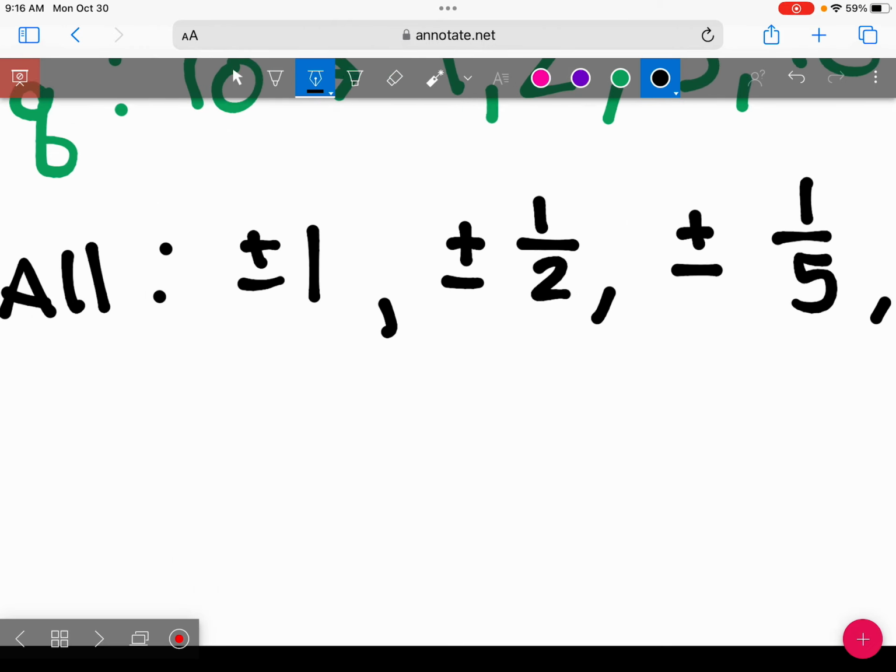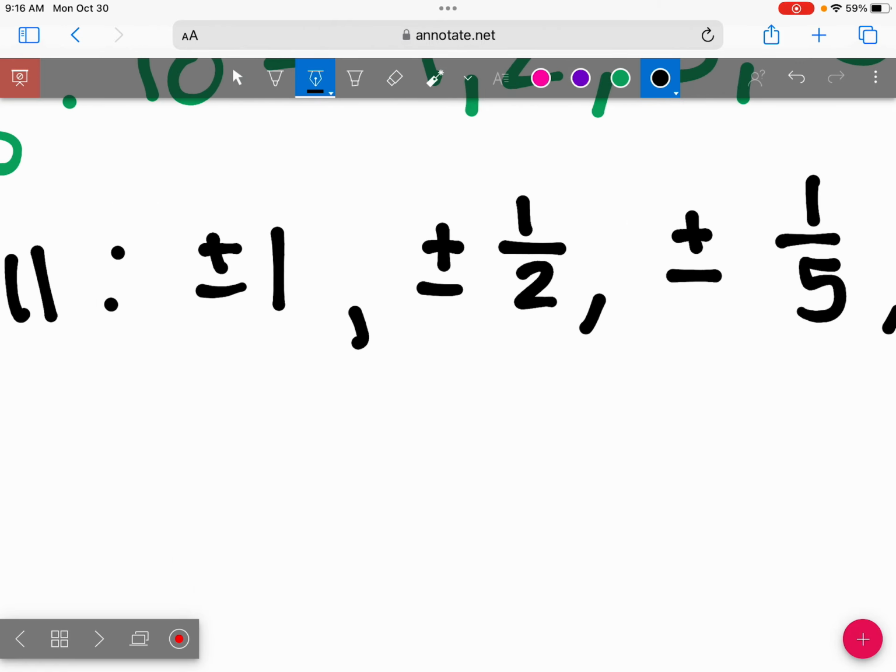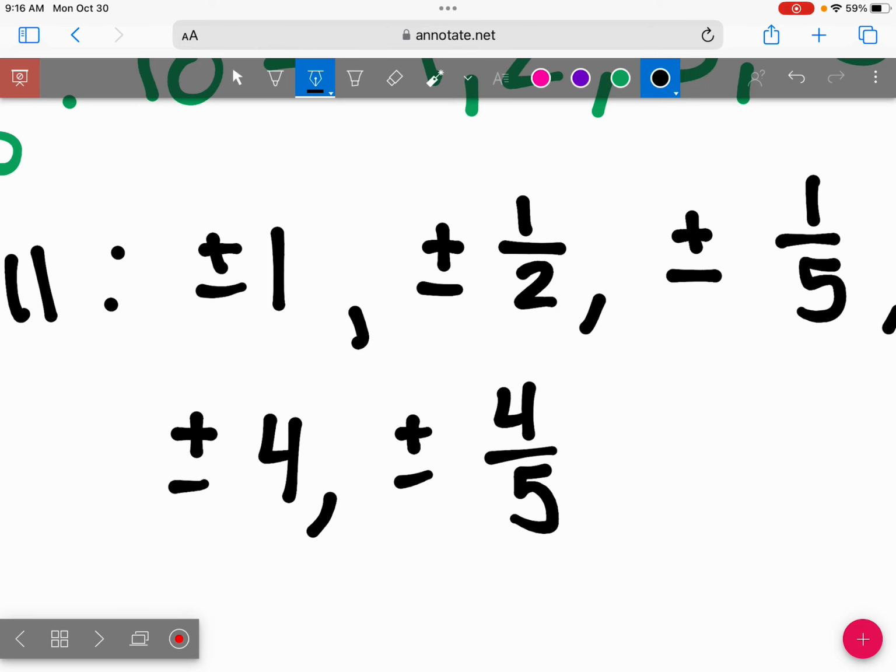And I'm going to make a second row because I've run out of space already. So we're going to have plus or minus 4. 4 over 2, we already have, because it's 2. 4 over 5, that one we don't have, so we got to put that one in here. 4 over 10, we already have, because that's 2/5.